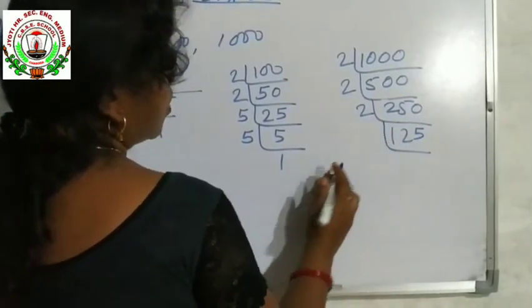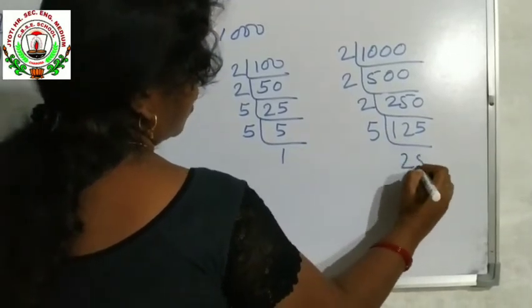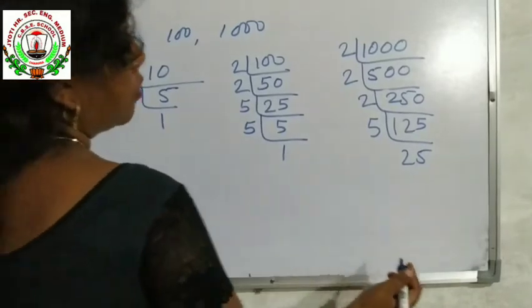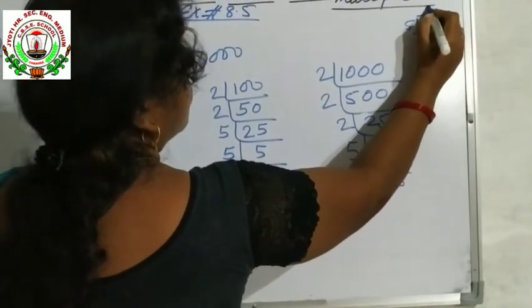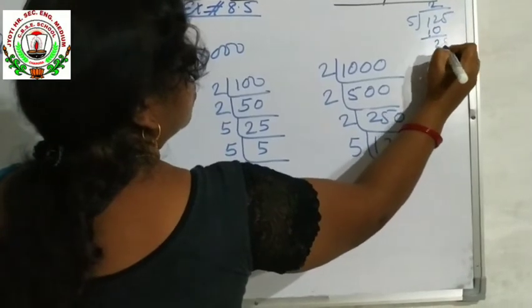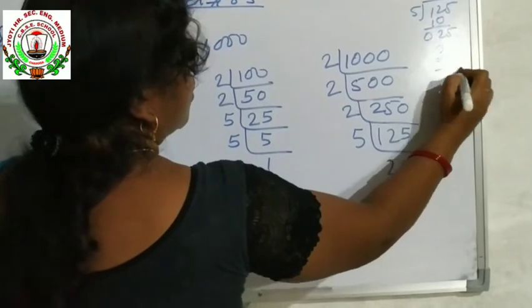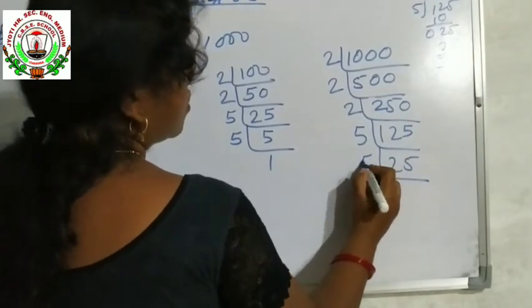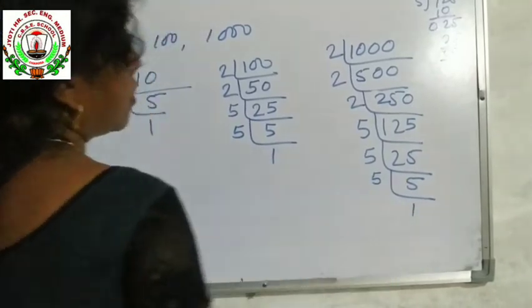Now it is not divisible by 2, so we will take 5. 5 twos are 10, 5 fives are 25. If you can't do it orally, you can divide the number, 125. 5 twos are 10, then 5 fives are 25. So 25 comes. Again it is divisible by 5: 5 fives are 25, then 5 ones are 5.